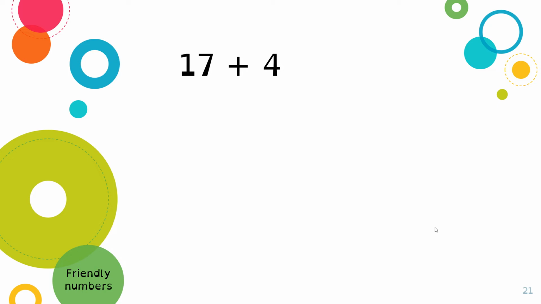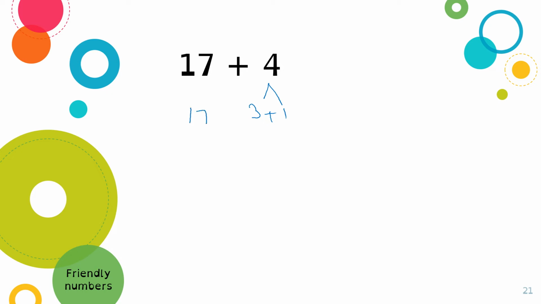So what I'm going to think about in order to make my friendly numbers is I'm going to look at this 17, and I really want that to be closer. I'm going to think if it was 20, then that would be friendlier for me. So I'm going to break my 4 into a 3 and a 1, because 3 plus 1 is 4.